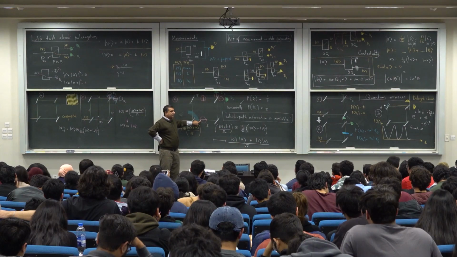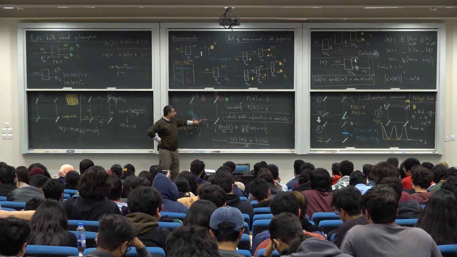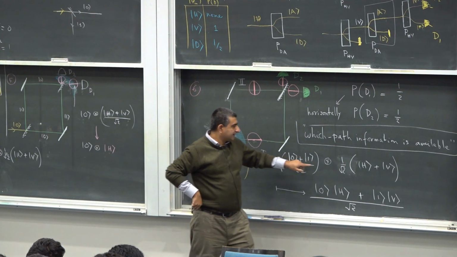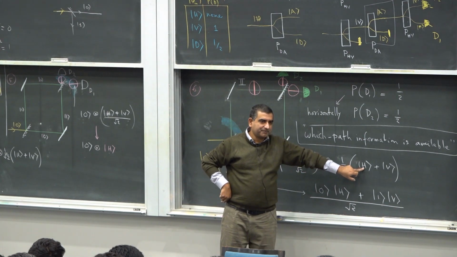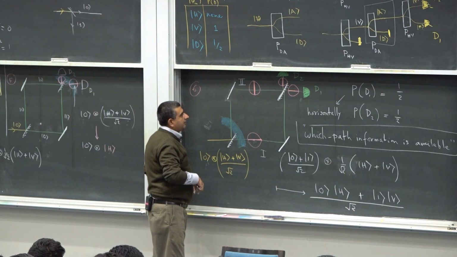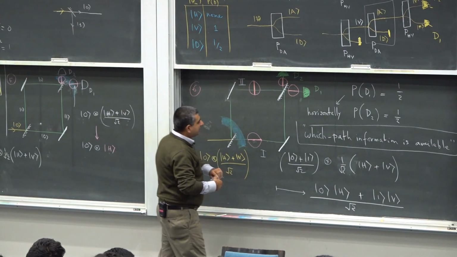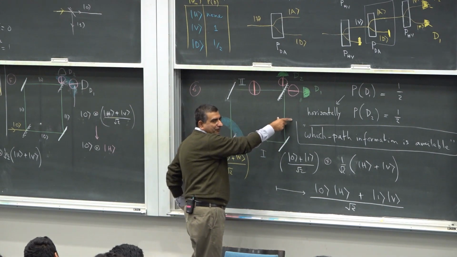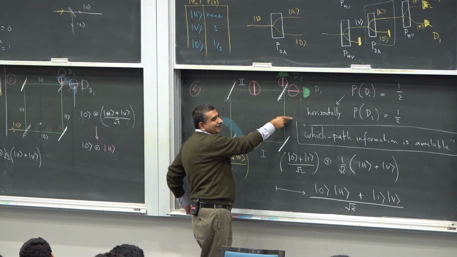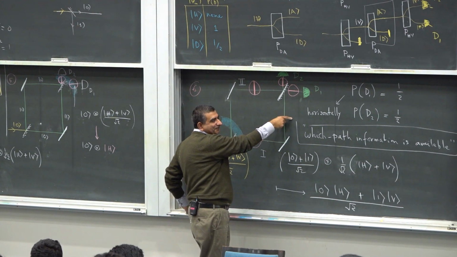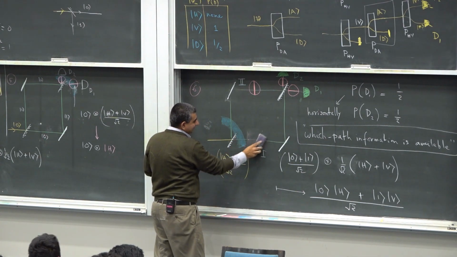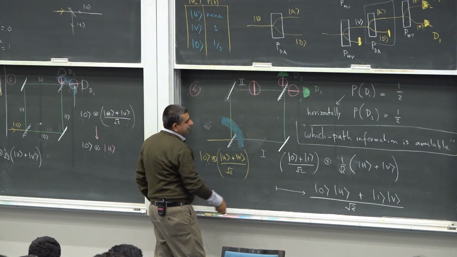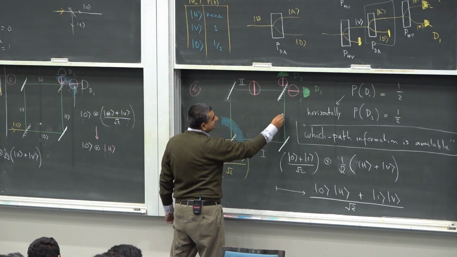This polarizer projects, so ket 0 is connected to ket H. In fact, it might be easier if you were to place this polarizer over here. It doesn't make any difference whatsoever, but for calculation this might be easier for you.